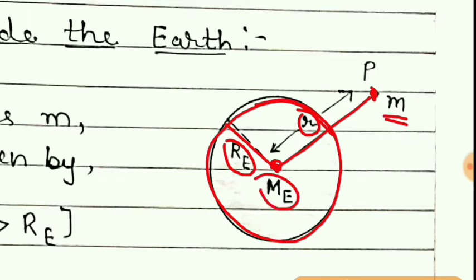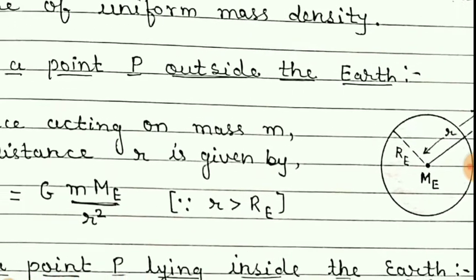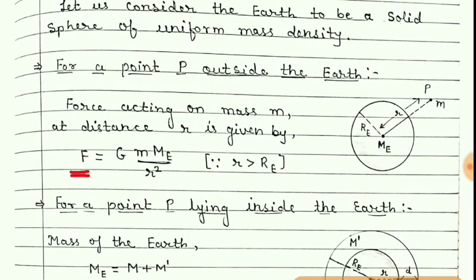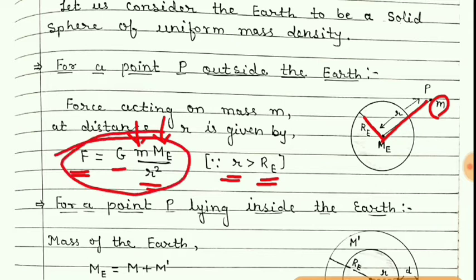So the mass of the earth is considered to be at its center. Now if we apply the universal law of gravitation, then we get the force acting on m as G m Me upon r square. Here the condition is r is greater than Re, means this distance is greater than the radius of the earth. So in that case the force is given by the universal law of gravitation.